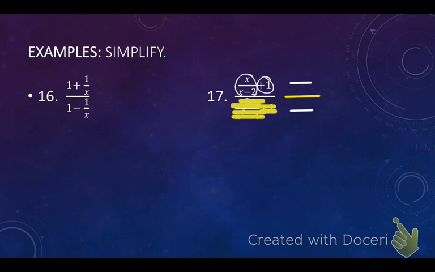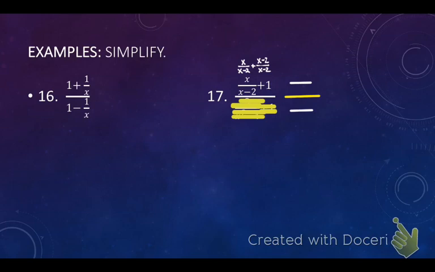So, what's my denominator? I have x minus 2 as my denominator in the first part. What's my denominator right here? Of 1. 1, right? What's another way to write 1 with a denominator of x minus 2? X minus 2 over x minus 2. So realistically, I'm looking at x over x minus 2 plus x minus 2 over x minus 2.